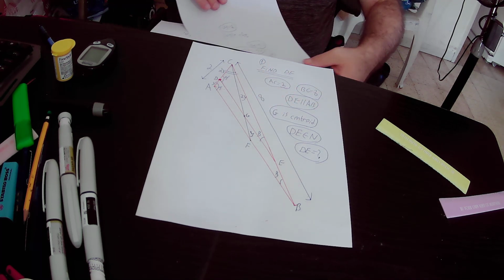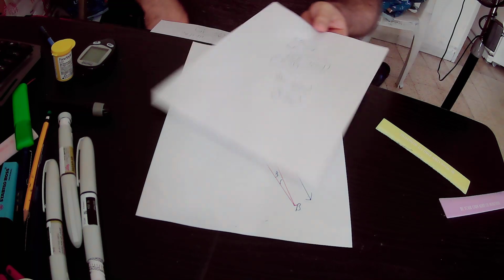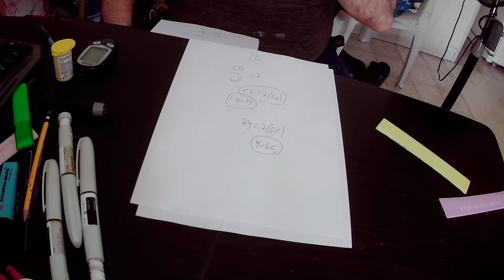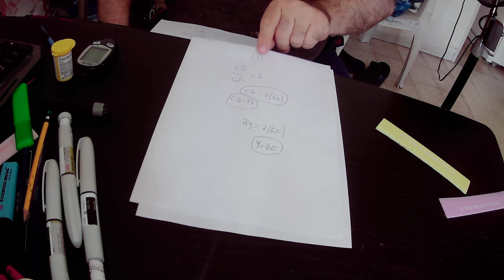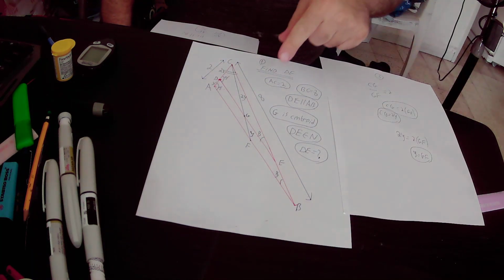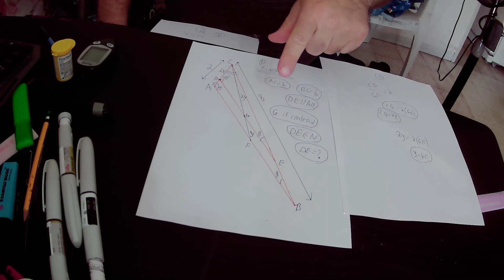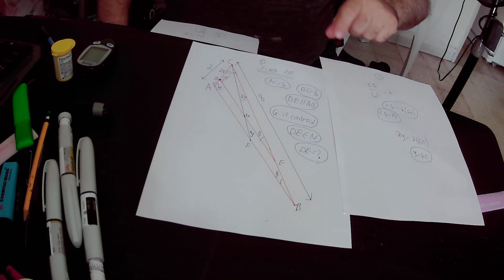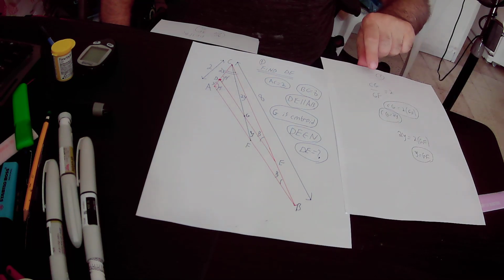According to the rule that I mentioned, the centroid G in triangle ABC divides the median CF in a ratio that equals 2 to 1.